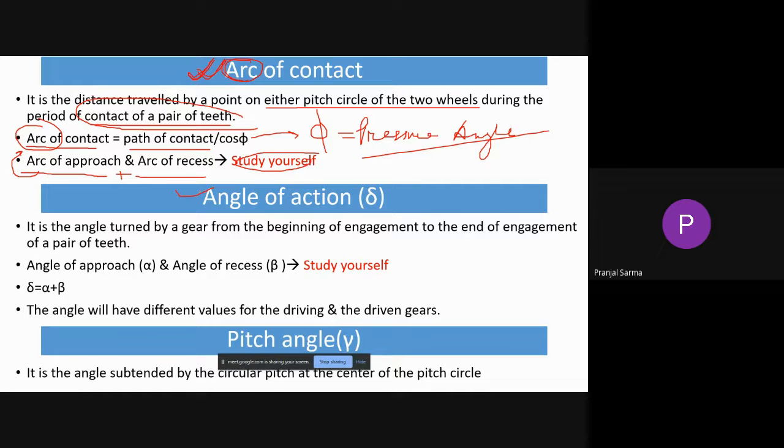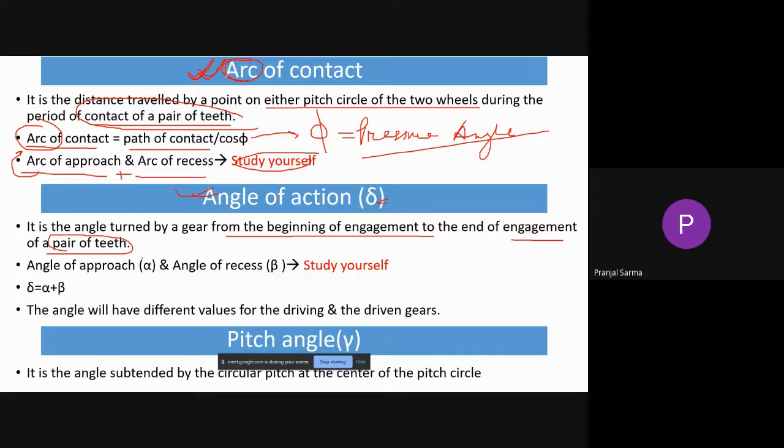Next, we have the angle of action. This is not a universal symbol, but sometimes it is denoted as delta. You just write it in words, angle of action. This particular angle is nothing but the angle turned by a gear from the beginning of engagement till the end of engagement of a pair of teeth.